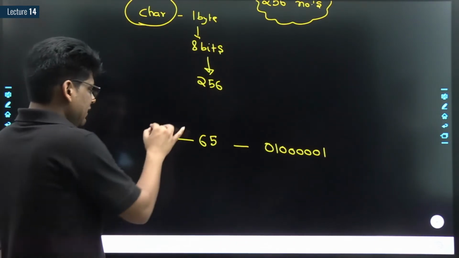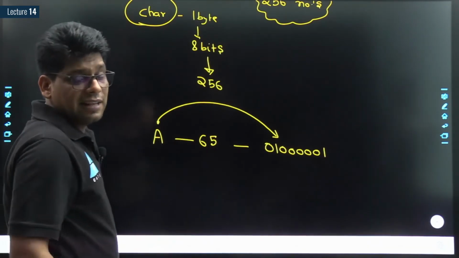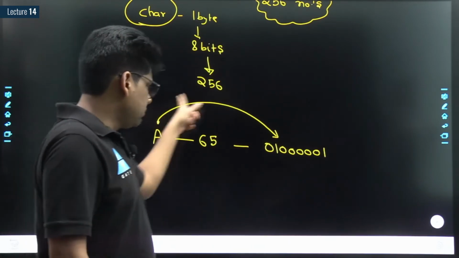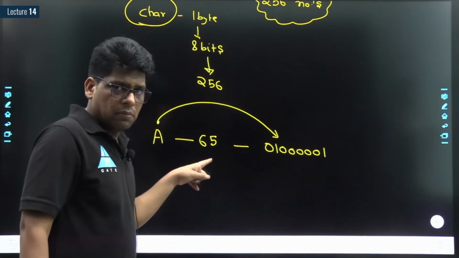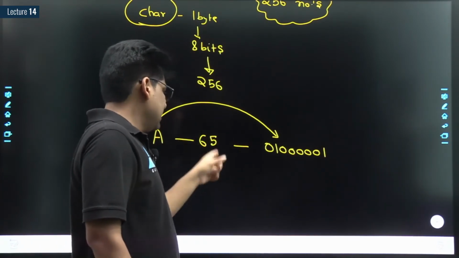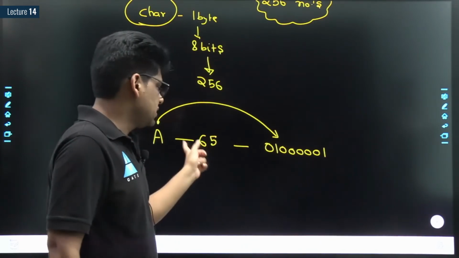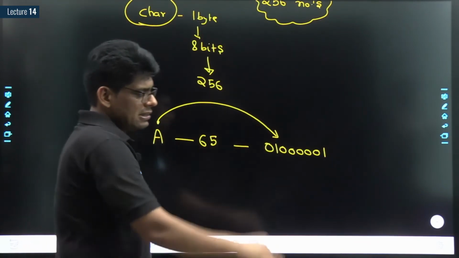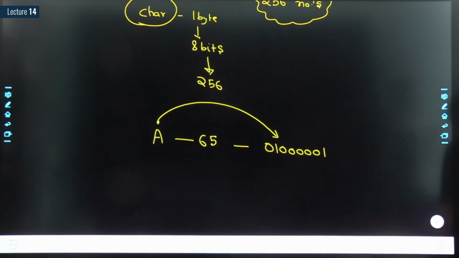So can I say for every symbol there is a binary code? Of course, for every symbol there is a binary code. For every symbol there is an integer. But what does the compiler understand? Internally, for the compiler this 65 is nothing but this binary code. That means for every symbol there is a binary code.